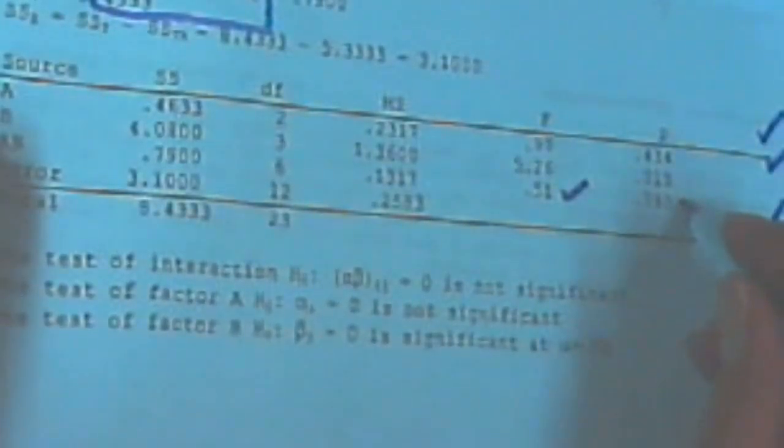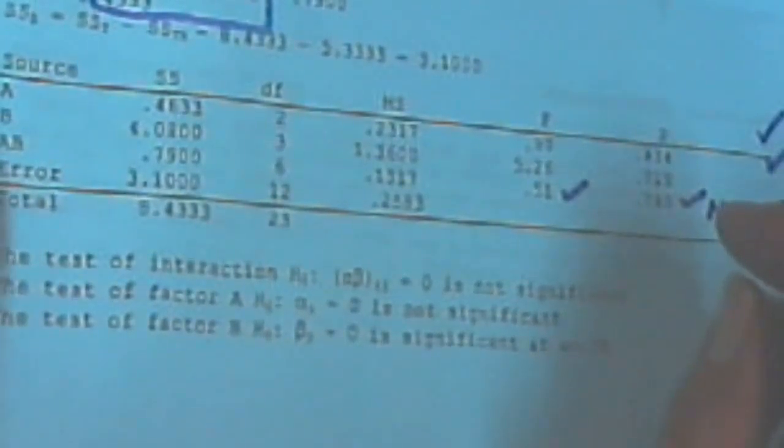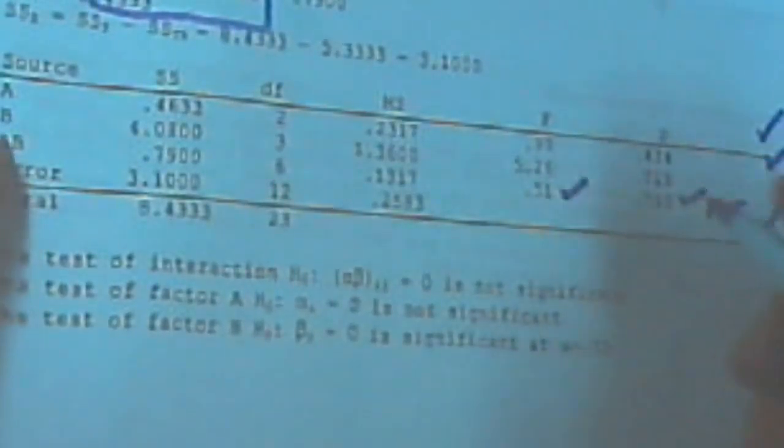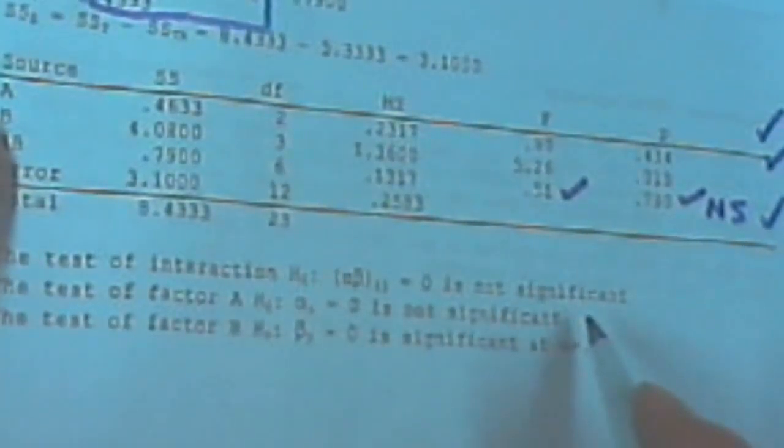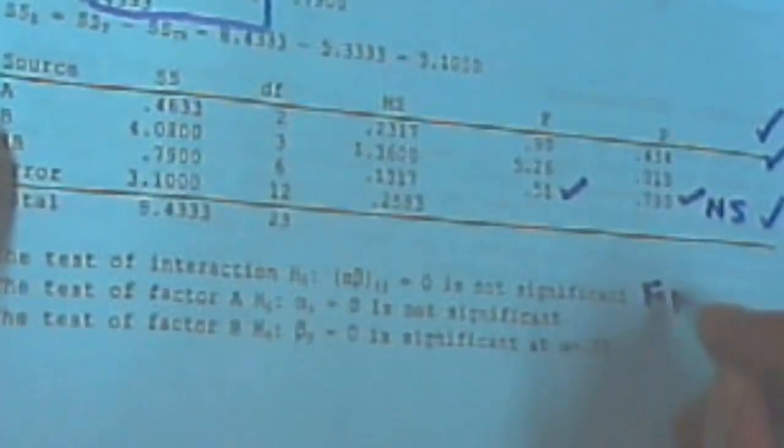The p-value is very large, so it's not significant. So we conclude there's no significant interaction. Now, having concluded that, we then go on and test the main effects, A and B. The interaction is not significant, and I wrote a note there: this test should be done first.